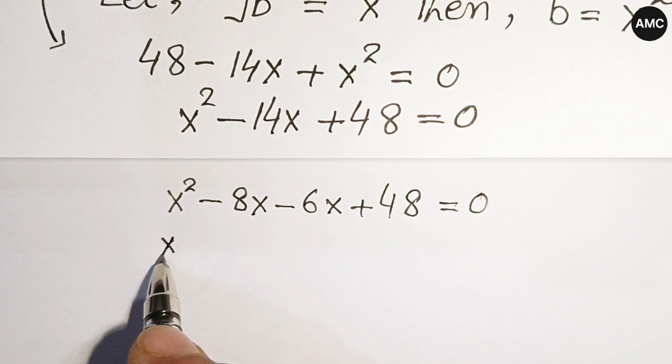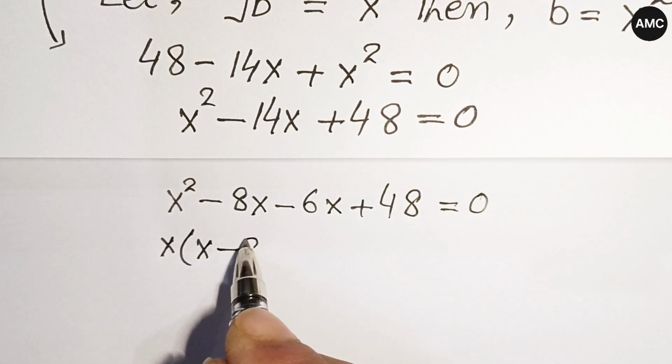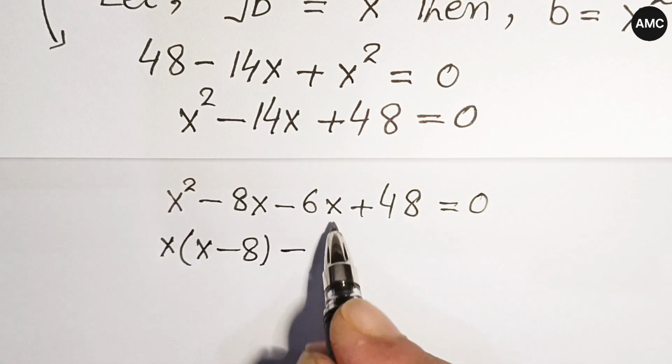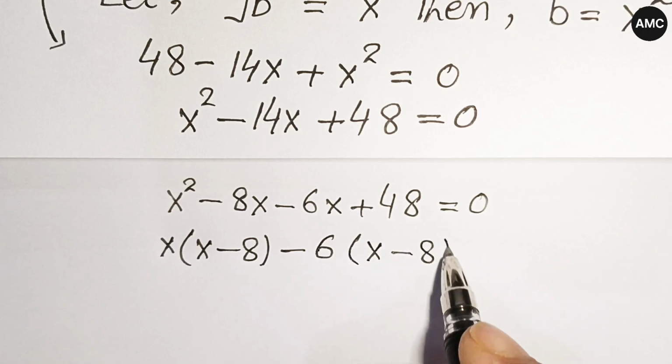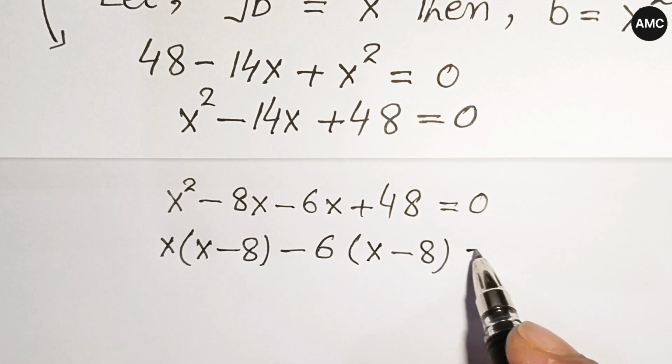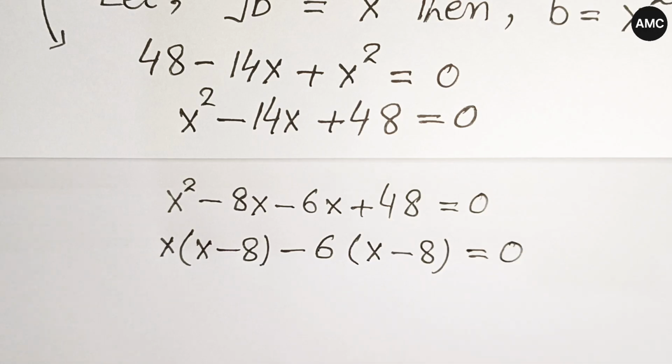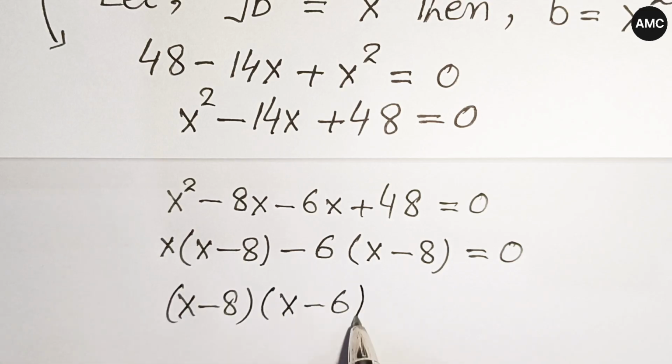Taking x common, we get x times (x minus 8), and taking 6 common, we get minus 6 times (x minus 8), since 48 divided by 6 is 8, is equal to 0. Now x minus 8 is a common factor and the other one is x minus 6, which is equal to 0.